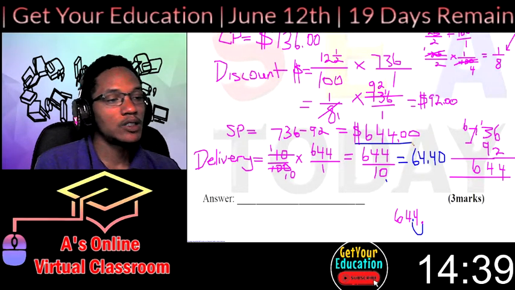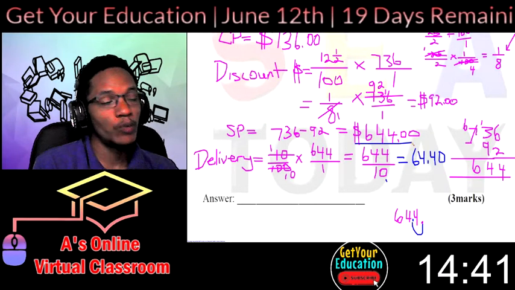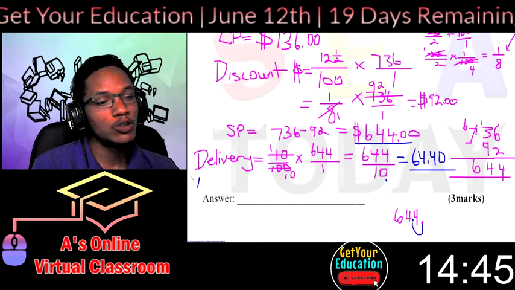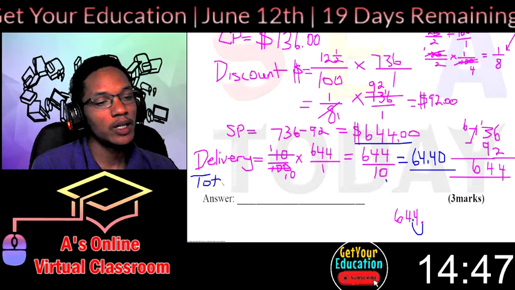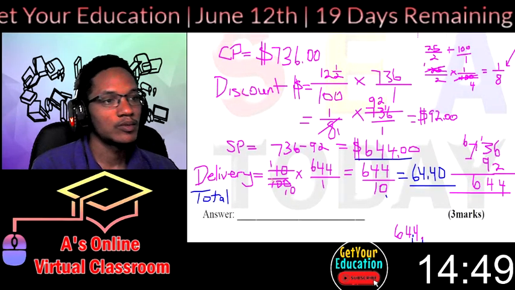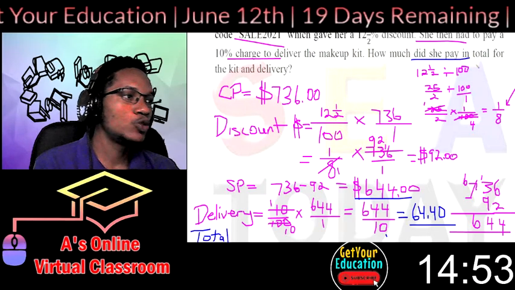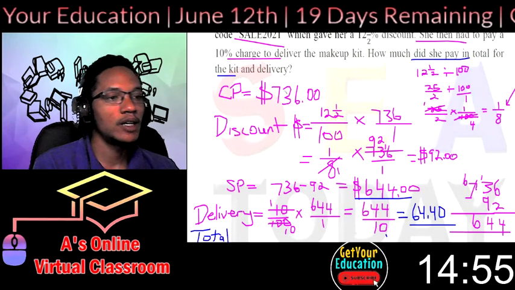So this is the selling price of the makeup kit. This is the cost of delivery. So her total bill, which is what they're asking us to find: how much did she pay in total for the kit and delivery?